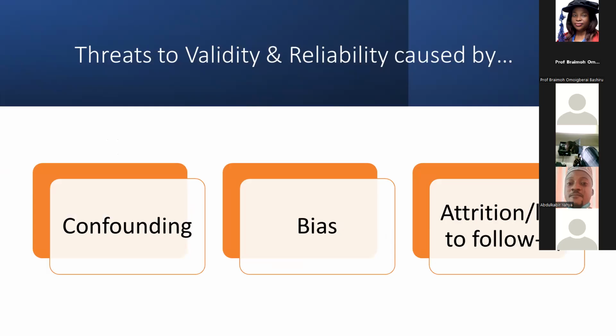For example, if your study is looking at the relationship between nighttime snacking, I'm just thinking of something off the top of my head, and the development of dental caries. Obviously, your outcome variable is the development of dental caries, the prevalence of development of dental caries. That's your dependent variable.